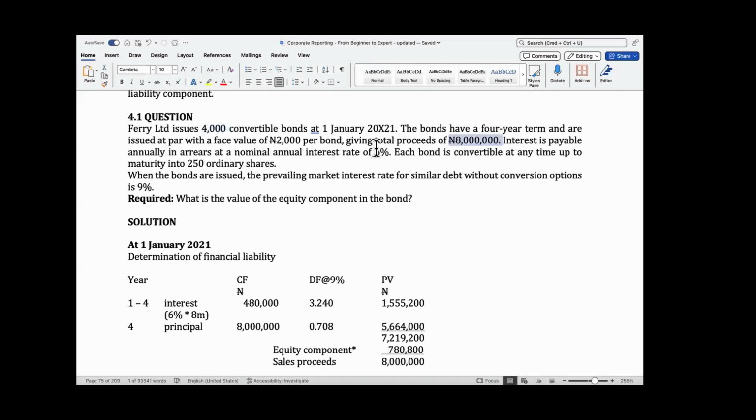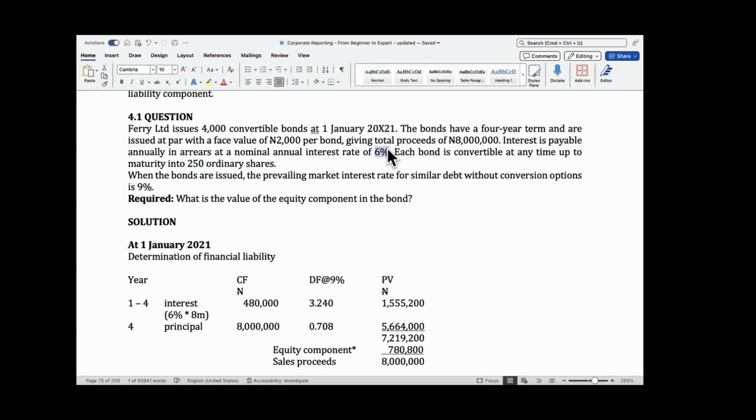He's going to pay 6% interest. And they said each bond is convertible into shares. Okay, that makes it a compound financial instrument. And because it's convertible, you will see that the interest rate of a similar debt without conversion option is 9%, which is higher than the 6% we are offering.